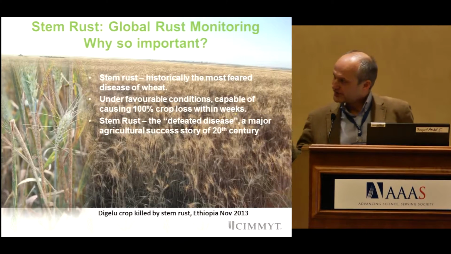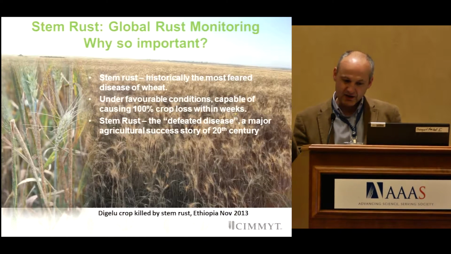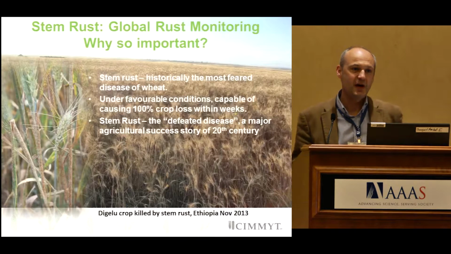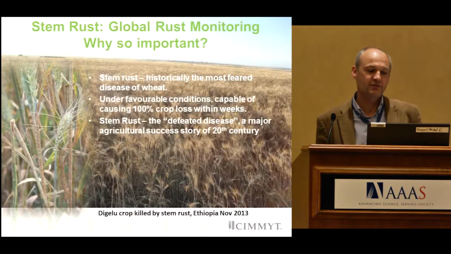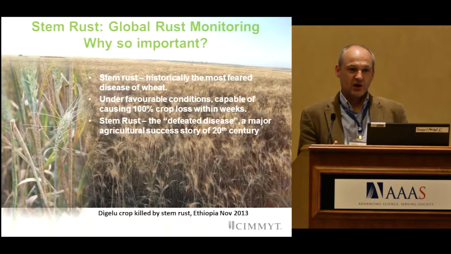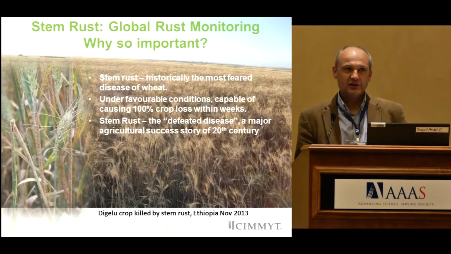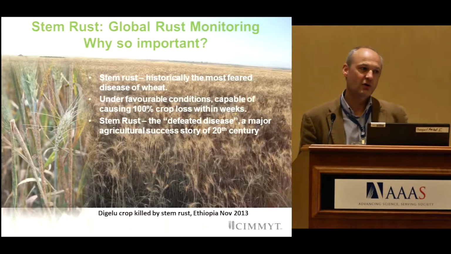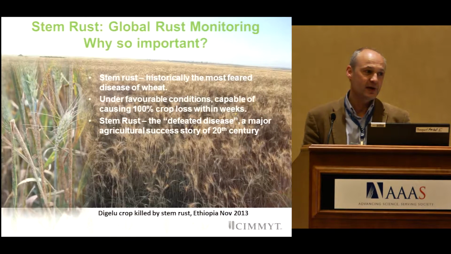The other point about stem rust is it was considered the defeated disease. It was a major success story of agriculture, largely due to resistance breeding, and Dr. Borlaug was a key player in this.